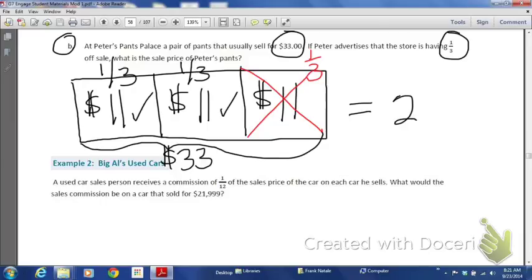So the answer to this question, and again the question was, what is the sale price of Peter's pants, would be 22. Okay, method 1, tape diagram. Very handy. If you see some very friendly fractions, go ahead and use the tape diagram, because it can be a very friendly process.